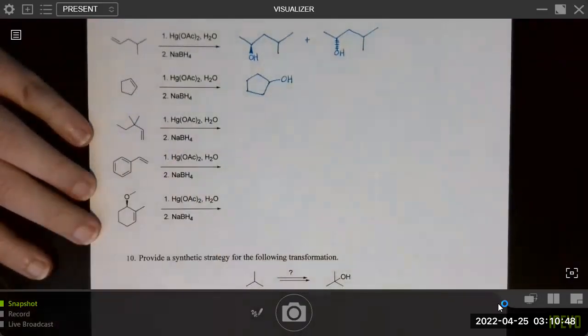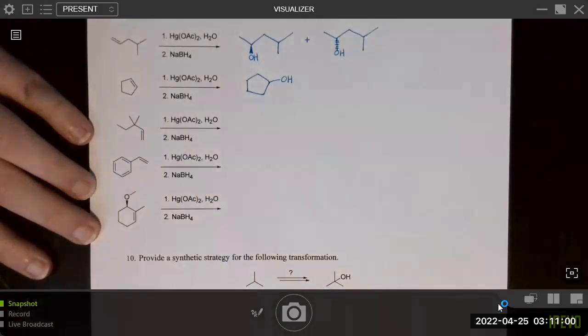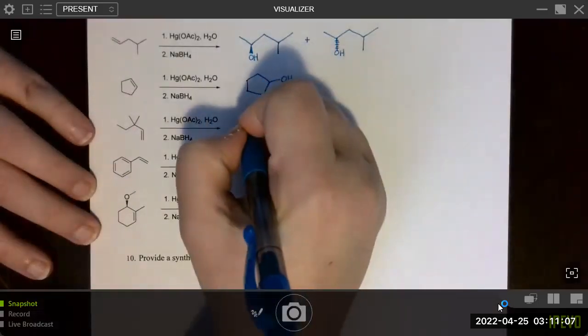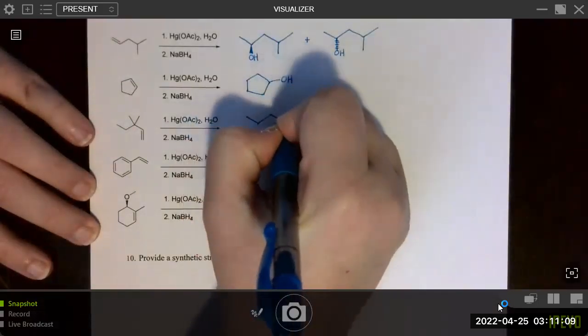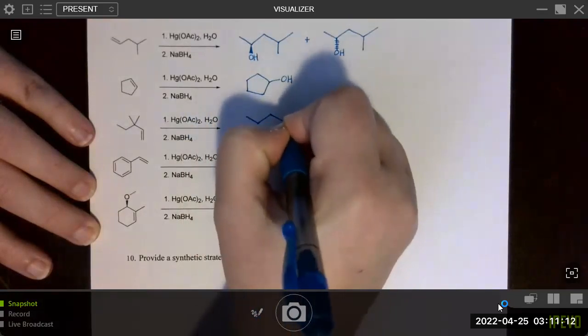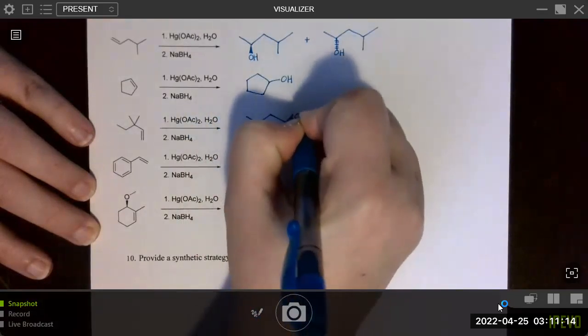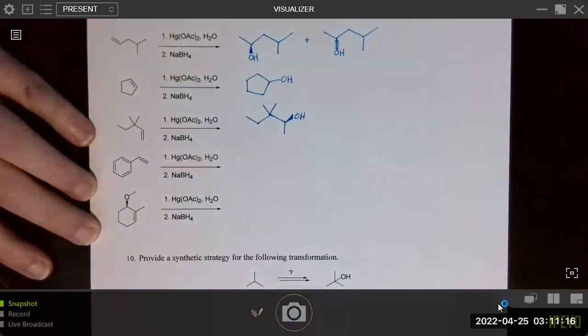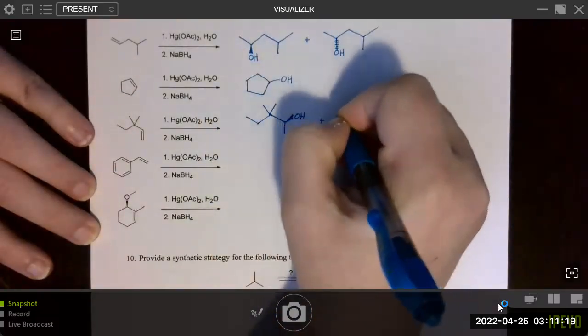Remember, this one did rearrange, but in this case, it will not rearrange. So we don't have to consider rearrangements with this reaction. It is going to be a hydration. It will go Markovnikov, so the OH will end up here. And it will form a stereocenter, so we want to make sure to go ahead and draw that in, and draw in the OH up and also down.